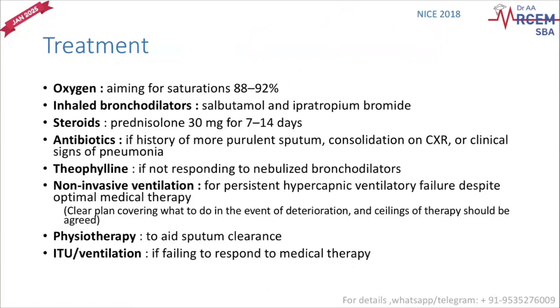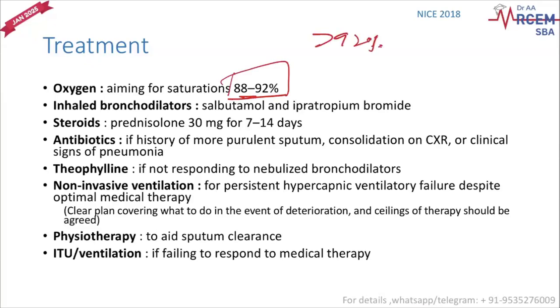How do you treat them? If the patient is hypoxic, obviously you'll supplement with oxygen. The same thing holds good for the asthma patient also. Here, the saturation is recommended to be maintained around 88 to 92%, not more than 92%.